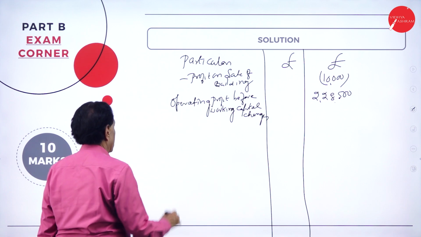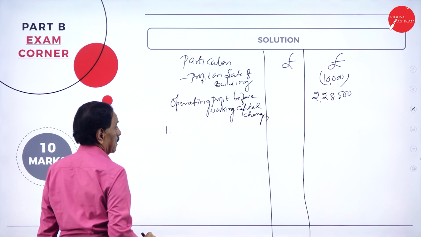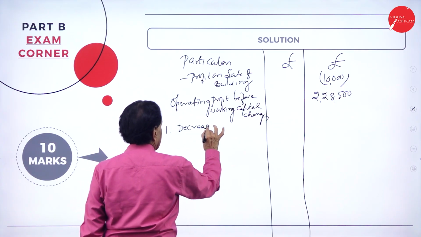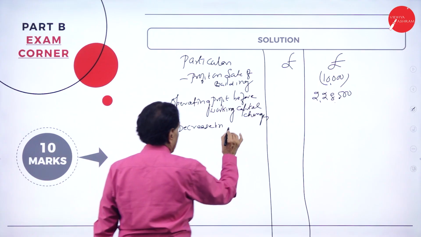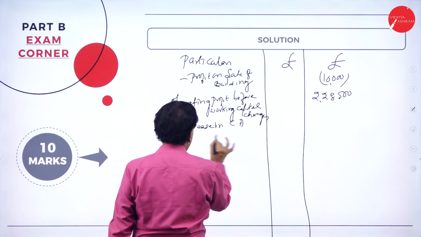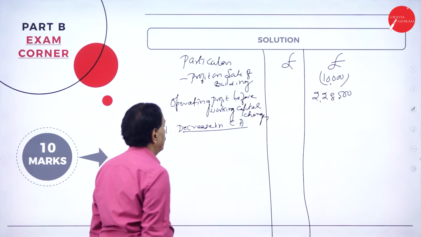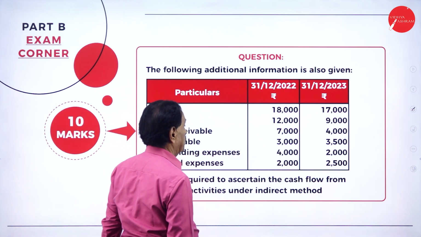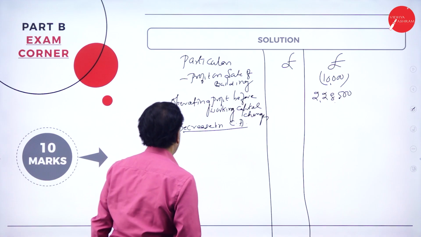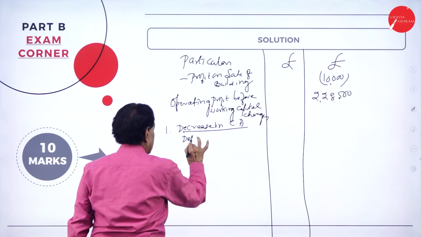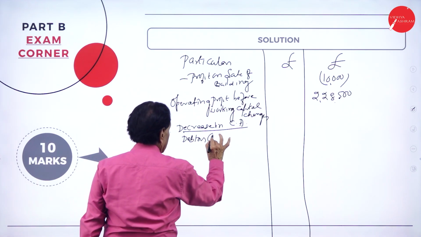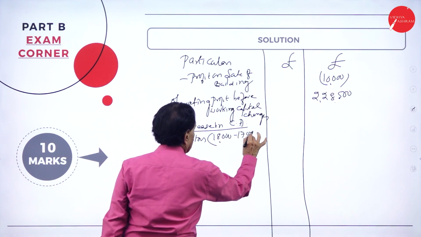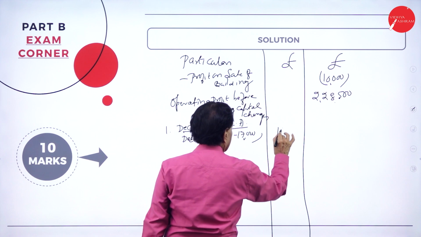Here, number 1, decrease in current assets. Formula: current asset debtor has been decreased, debtors 18,000 minus 17,000, it becomes 1,000.